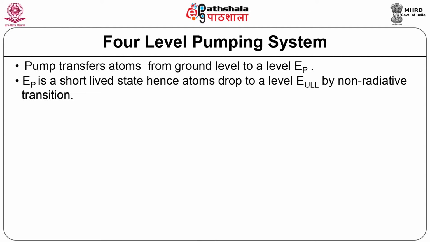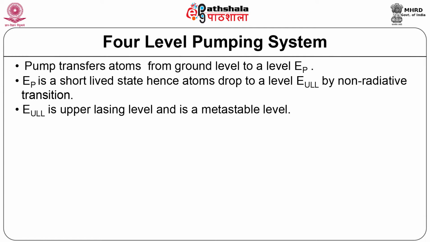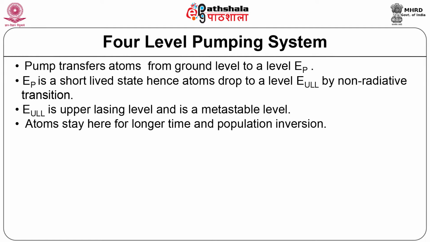EP is a short-lived state, hence atoms drop to a level EULL by non-radiative transition. EULL is the upper lasing level and is a metastable level. Atoms stay here for a longer time and population inversion is achieved.